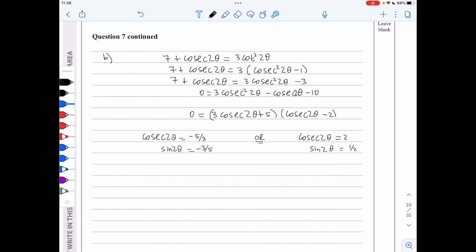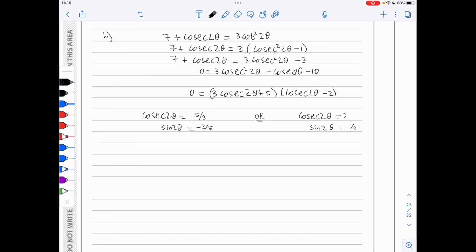We are in radian mode. We'll get the principal value, so the PV is shift sine of minus 3 over 5, which turns out to be minus 0.6435, and therefore 2 theta is the PV plus 2 pi k, or 2 theta is pi minus the PV plus 2 pi k.